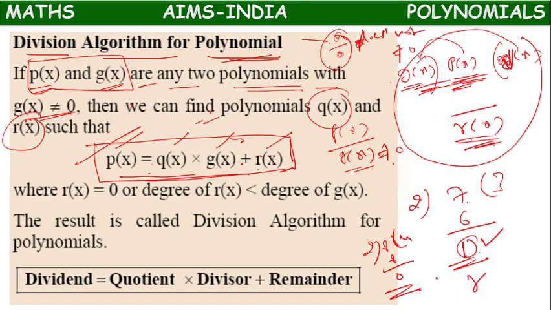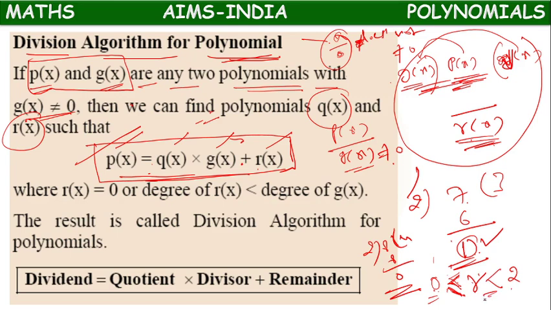So what about the remainder? The remainder always lies between 0 and the divisor. Sometimes it may be equal to 0, or more than 0, but it will always be less than the divisor.